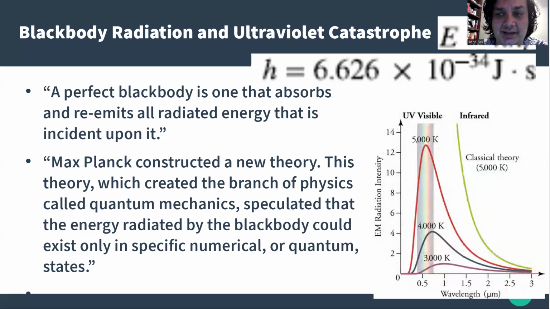What caused there to be quantum mechanics was something called the ultraviolet catastrophe, where classical theory would, instead of having this peak at 5,000 Kelvin, we had this green shade that didn't peak anywhere.